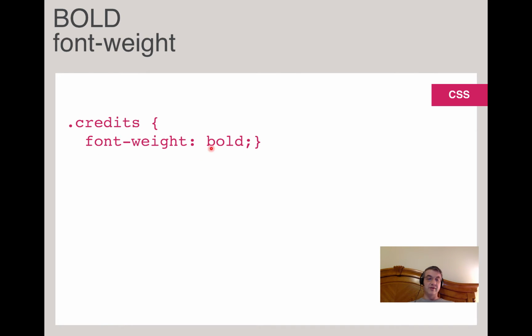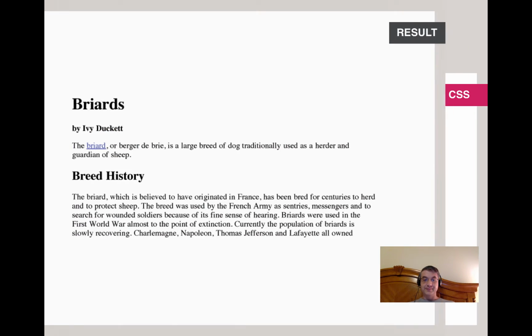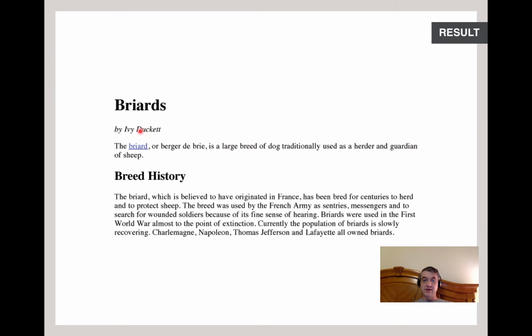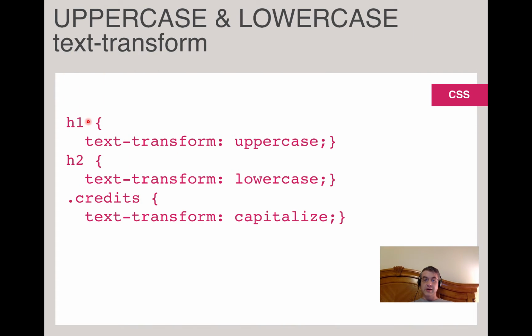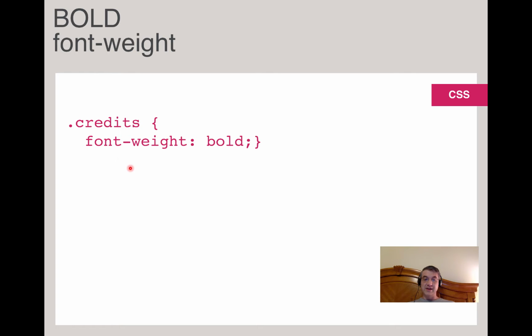You can actually have different degrees of bold. You can have 100, 200, 300, and so on. I think bold might be 400. But if you just said font-weight bold, that's going to make the thing bold right here. If you said font-style italic, the credits are now going to be italic instead of being bold. Now notice, by the way, font-weight and font-style aren't the same thing.